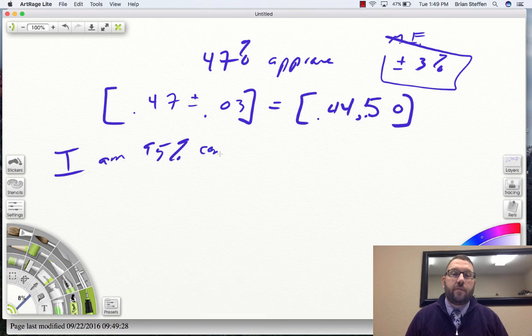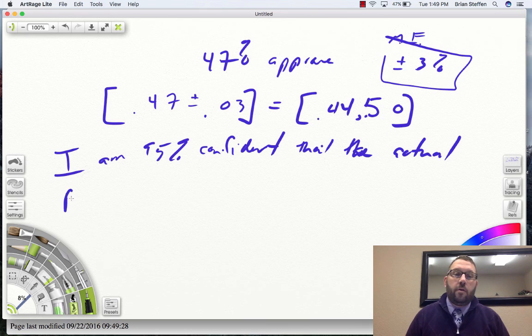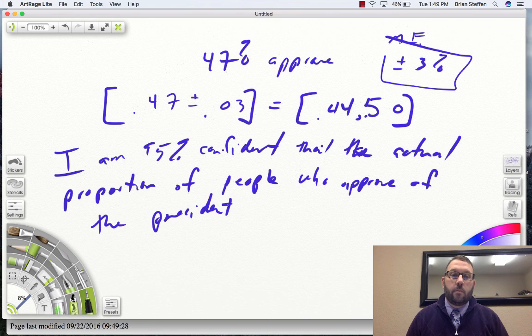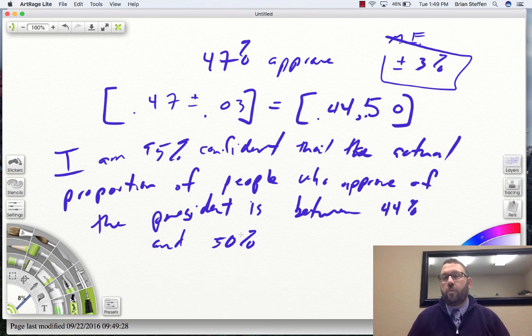I am 95% confident that the actual proportion of people, in this case, or voters, I'm 95% confident that the actual proportion of people who approve of the president is between 44% and 50%, or 0.44 and 0.5.